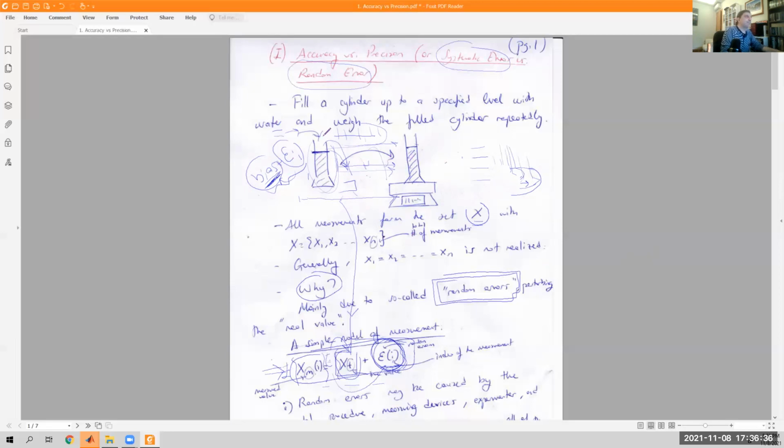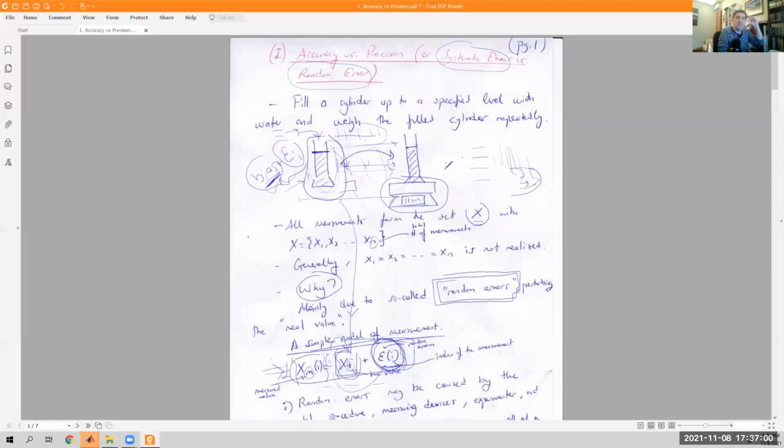What do I mean by the equipment? For instance, this graduated cylinder and this weighing device are manufactured. I'm going to be talking more about manufacturing in the second part of the lecture. But during this manufacturing, due to random errors or maybe the biases themselves, this graduated cylinder and the weighing device will not be perfectly accurate.